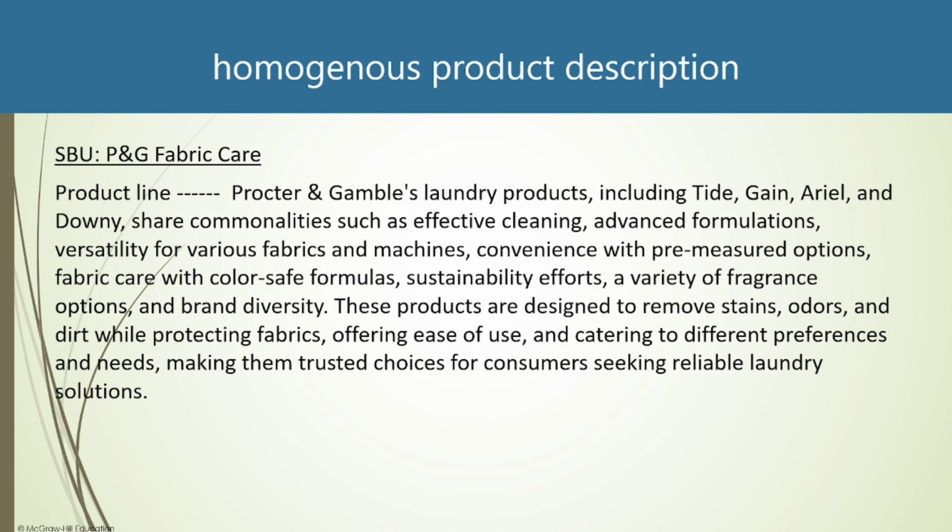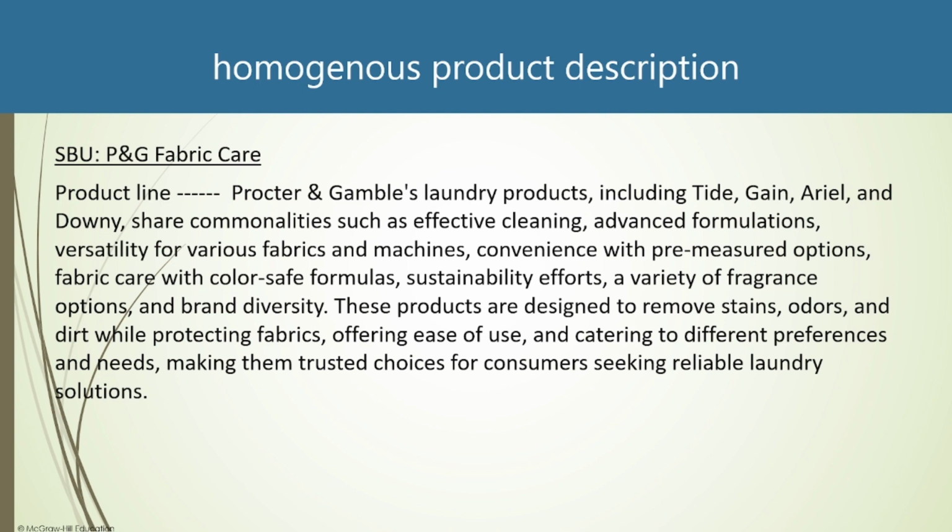Procter & Gamble's laundry products, including Tide, Gain, Ariel, and Downy, share commonalities such as effective cleaning, advanced formulations, versatility for various fabrics and machines, convenience with pre-measured options, fabric care with color-safe formulas, sustainability efforts, a variety of fragrance options, and brand diversity.